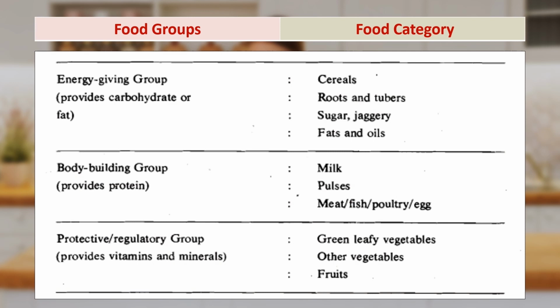We are classifying foods into groups based on their functions. We know that cereals, roots and tubers provide carbohydrates, and carbohydrates are the major body fuel. Fats and oils are the concentrated sources of energy in the body. So we club these foods together under the energy giving food group.